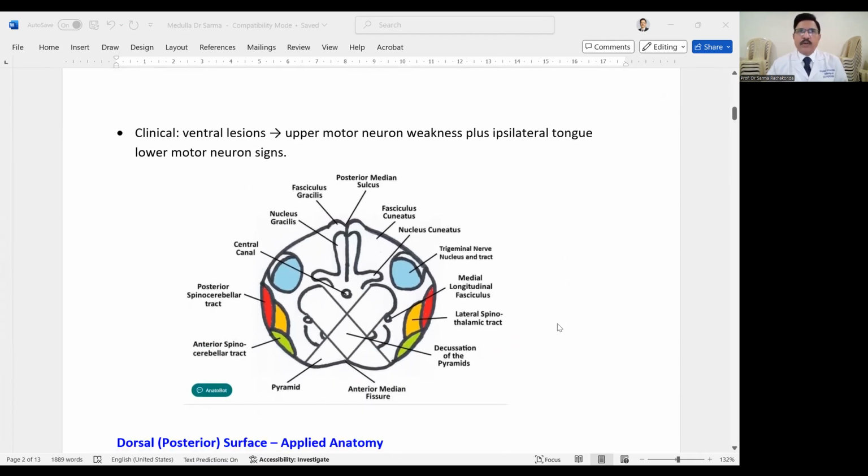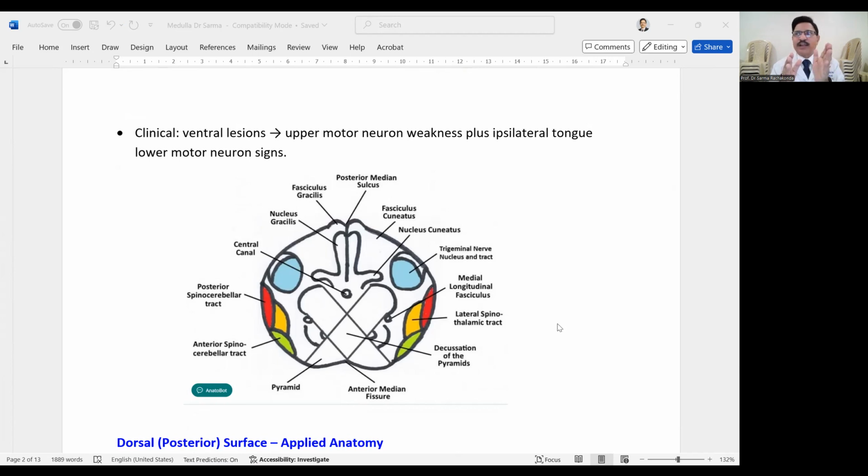What are the lower motor neuron signs? There will be fasciculation, wasting, loss of power, and deviation of the tongue to the side of the lesion. Why? Because of the unopposed action of the tongue muscles on the other side.